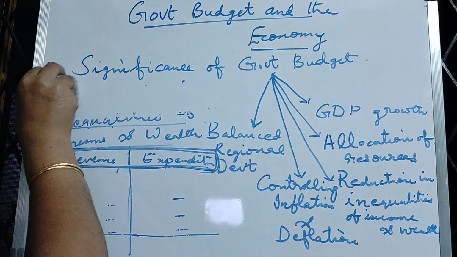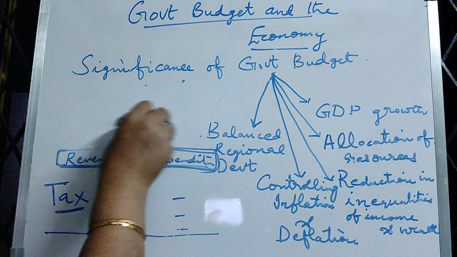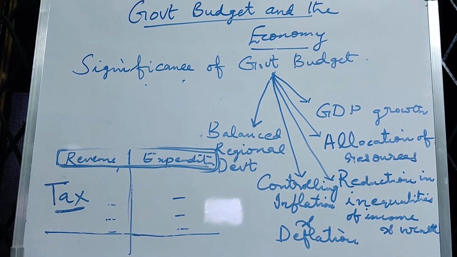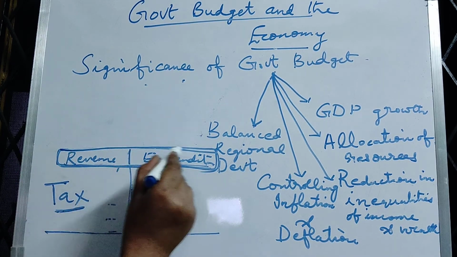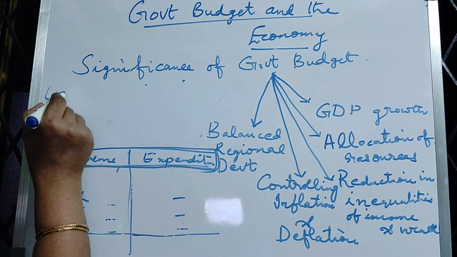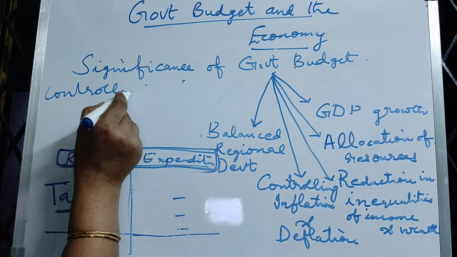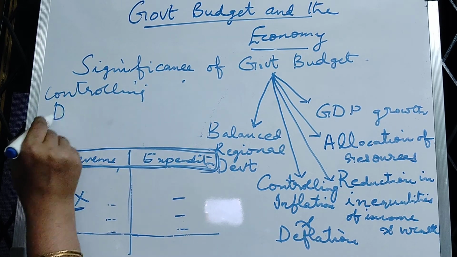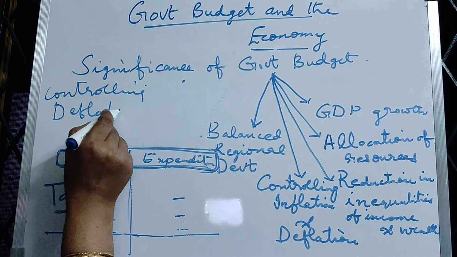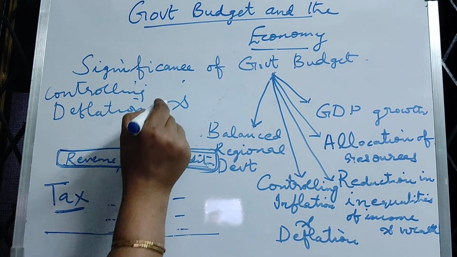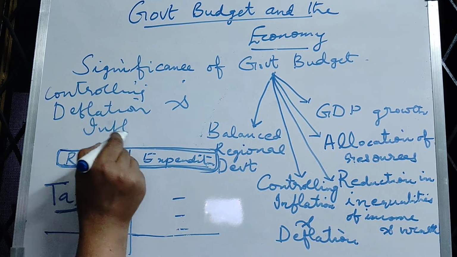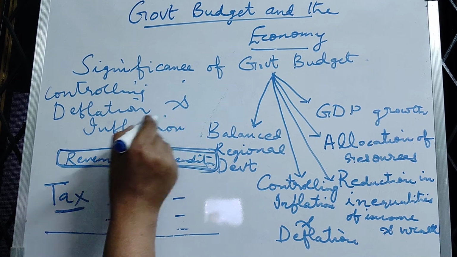Now, the fourth objective of government budget is controlling inflation and deflation. We have learned already in our previous classes what inflation and deflation are.